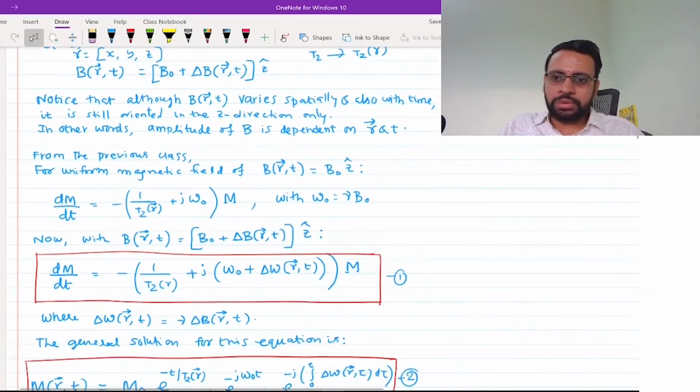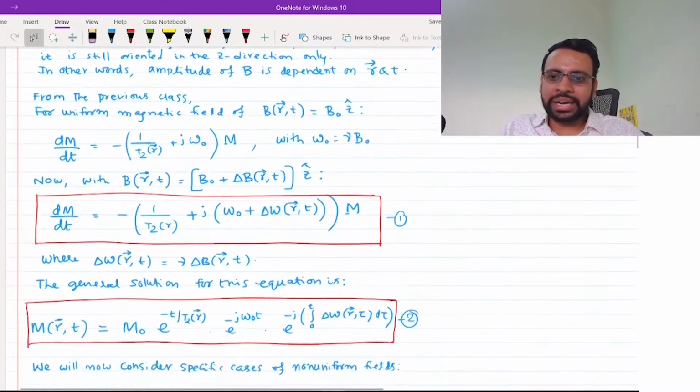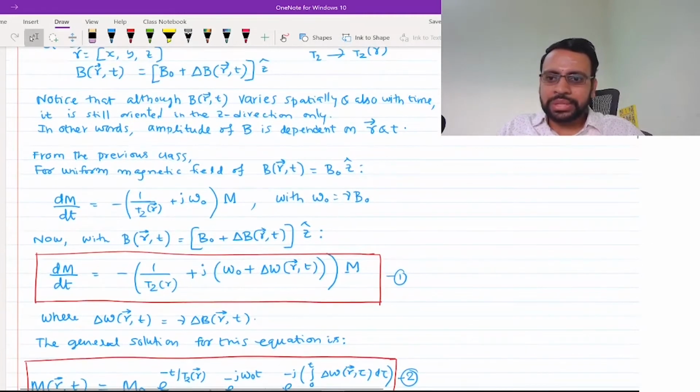Now we have already done enough things to analyze when this term is 0, delta B of R bar comma T equal to 0. That we had already done, right? So that gave us, for example, dm by dt equal to, in that case, minus 1 by T2 plus j omega naught.